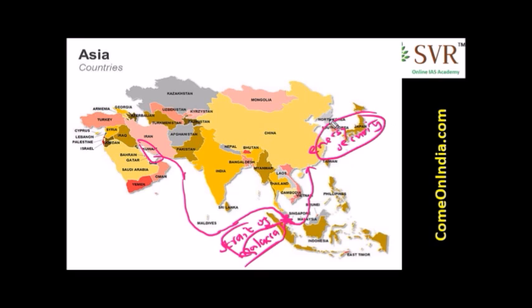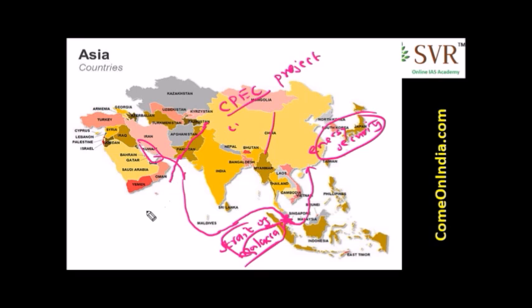To avoid such a situation and also to get crude oil to western China, China is building the CPEC project, which stands for China-Pakistan Economic Corridor Project.